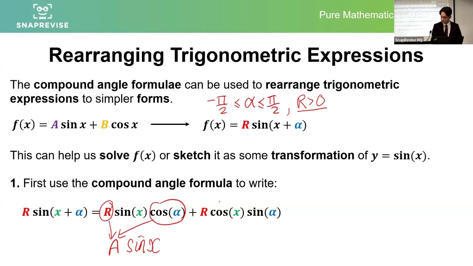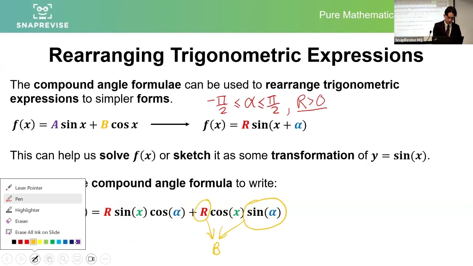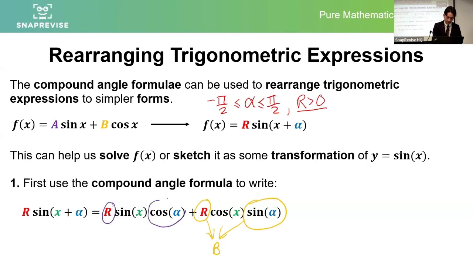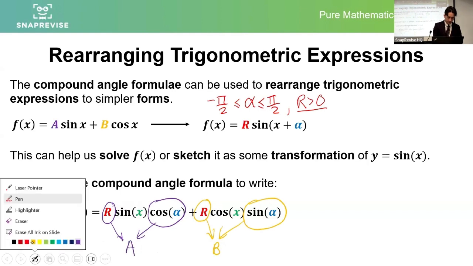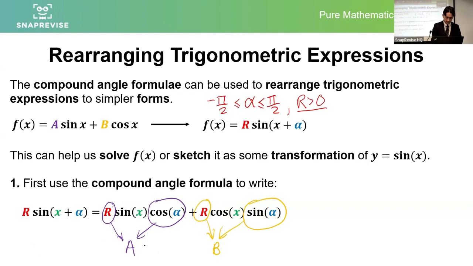And then likewise, these bits here, do you know what? That would have been prettier if I color coded it, wouldn't it? Let's do that. So r sine alpha goes with b. And what color will we use? Purple. So that and that goes with a. Okay, and then I'll fill this in bog standard: sine alpha, sine x, and cos x.